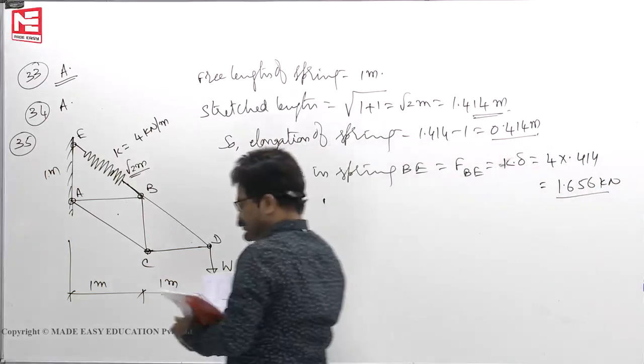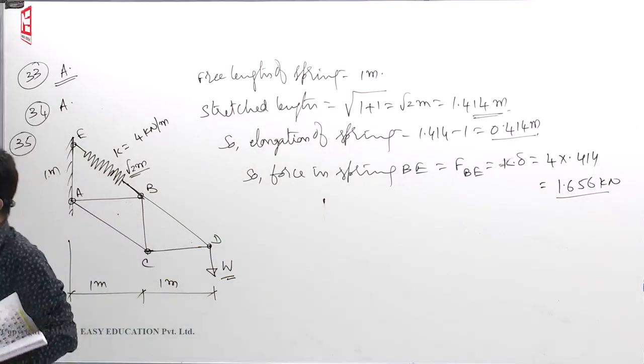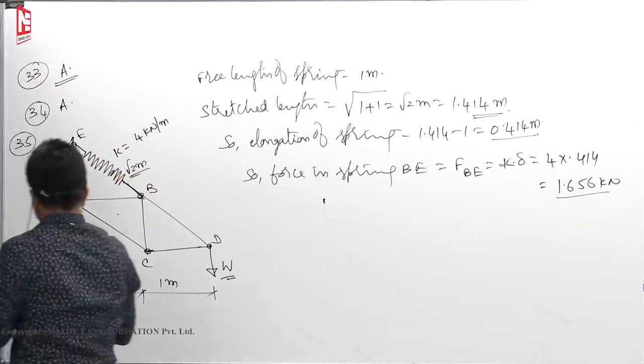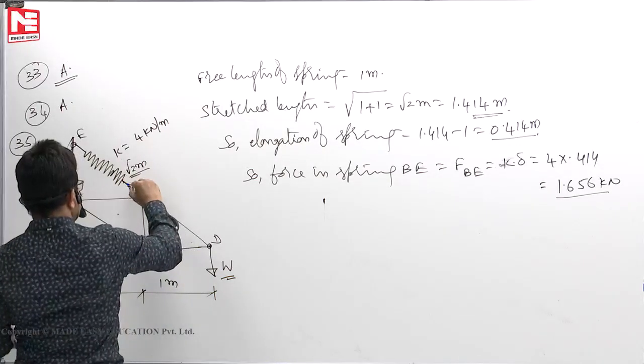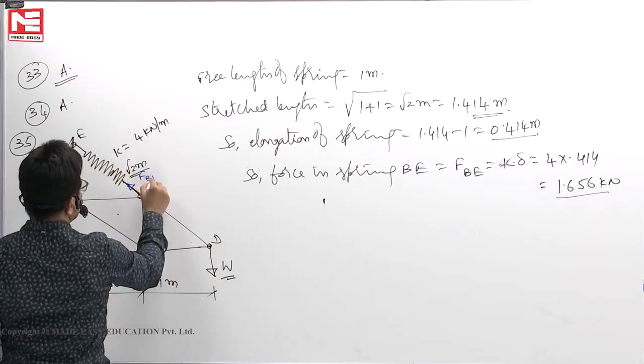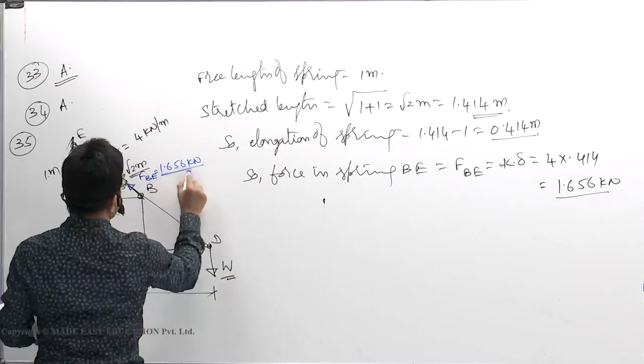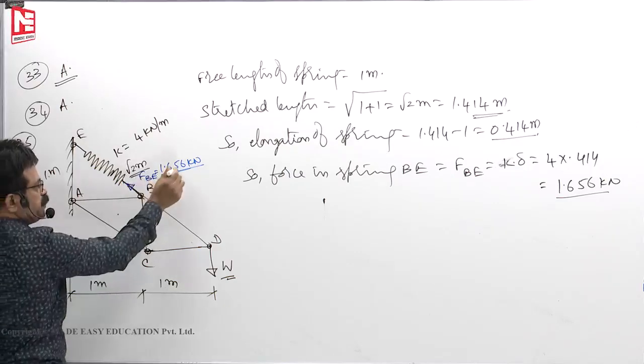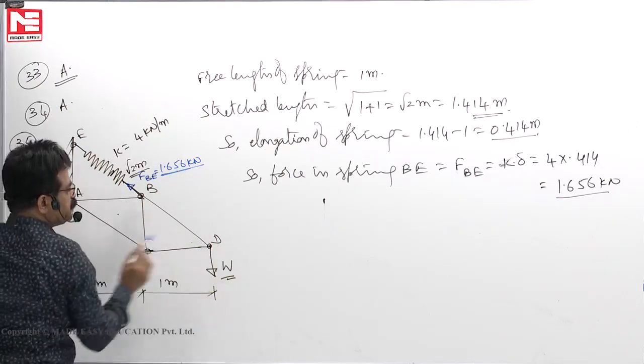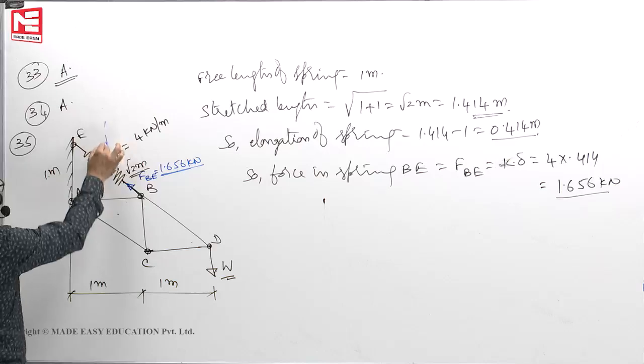So force in the member FBE is 1.656 kilonewton tension. So this much force is existing already. For this force to be 1.656, how much W I have to apply? That's the question. Cut here.